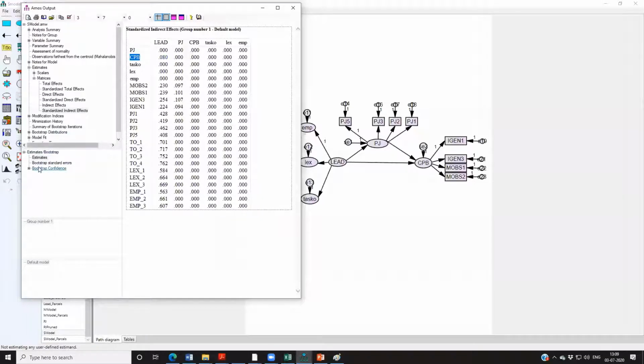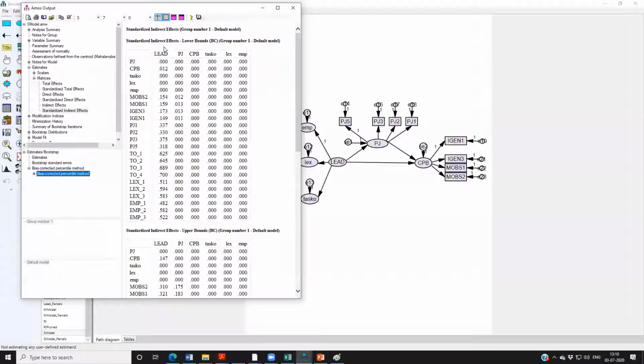This is the standardized effect, and you will get a lower bound and an upper bound.